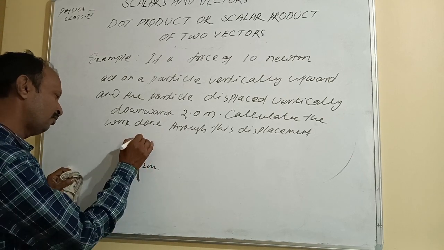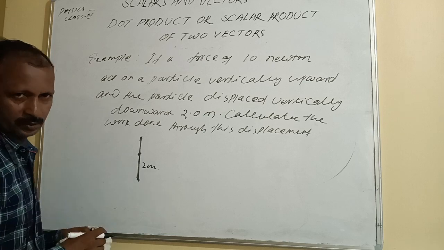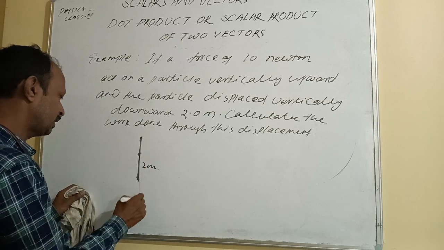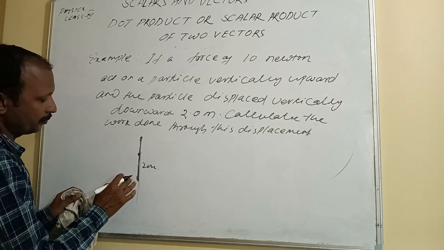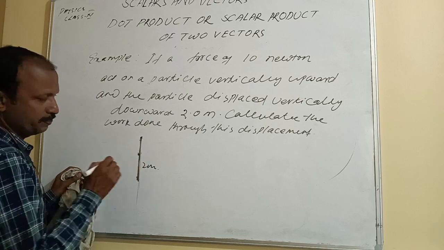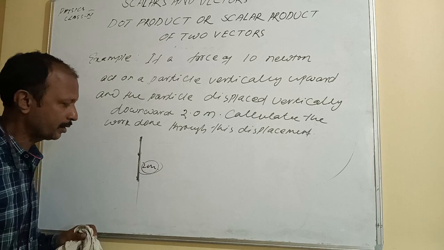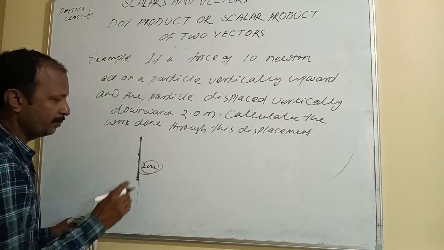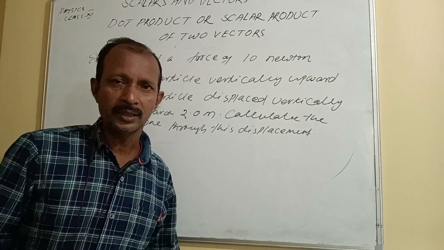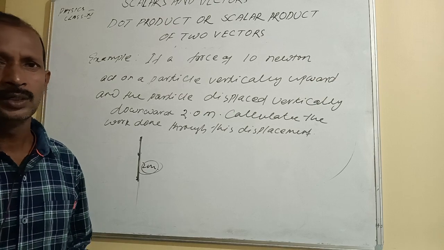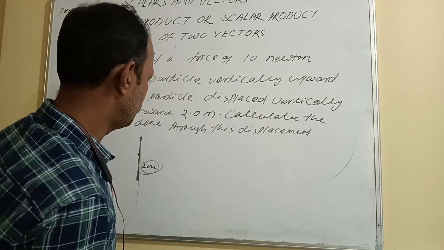You applied the force vertically upwards, but due to gravitational force it came downwards. The displacement, starting point to ending point, suppose it traveled 2 meter. Then you have to calculate the work done through this displacement.